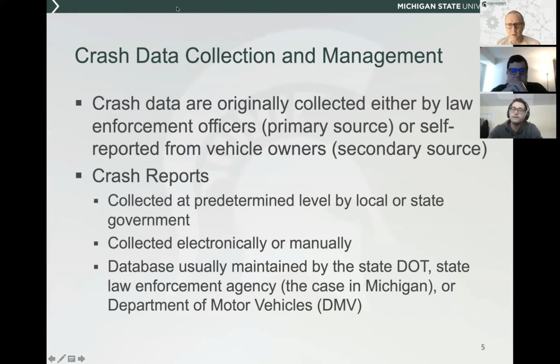One of the big advances I've seen from when I started in academia back in 2006 or so is that it was maybe 10 to 15% of crashes that were electronically reported. And now the vast majority have gone electronic, and we can probably check this on Crash Facts.